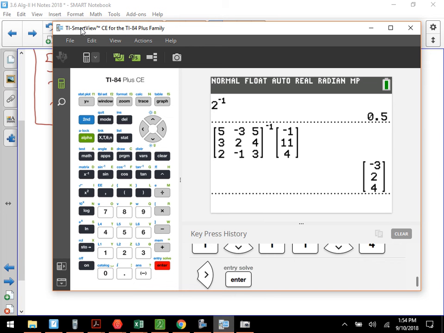Wait, can you use this type on? Yeah. That's why I'm teaching you guys how to use the calculator. Now remember, hey guys, there's going to be a time that I'm not going to let you use the calculator in class. Yes, sir. There'll be times when you guys get to your SATs, your ACTs, things like that. These calculators are legal, guys.